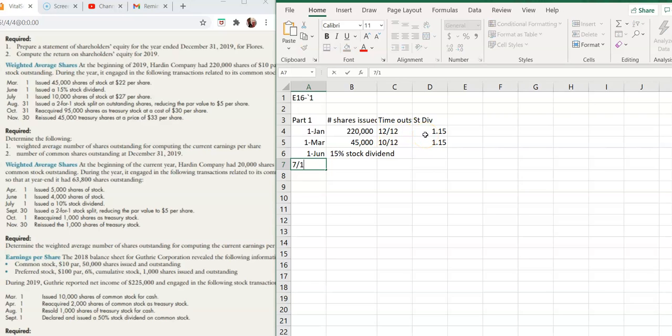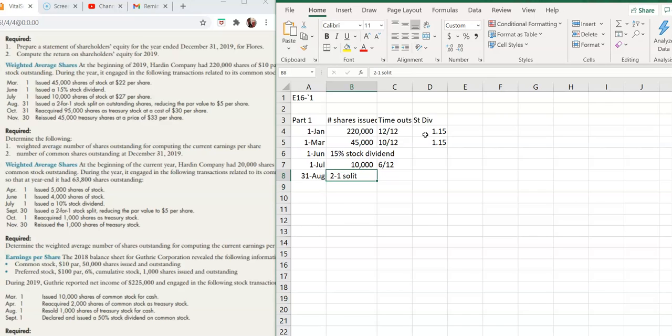Then July 1st, I issued 10,000. That's just a straight issue, so that's 6 out of 12 months. Then August 31st, I had a 2-for-1 split.